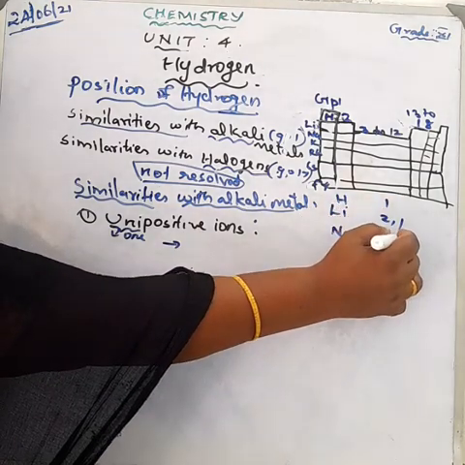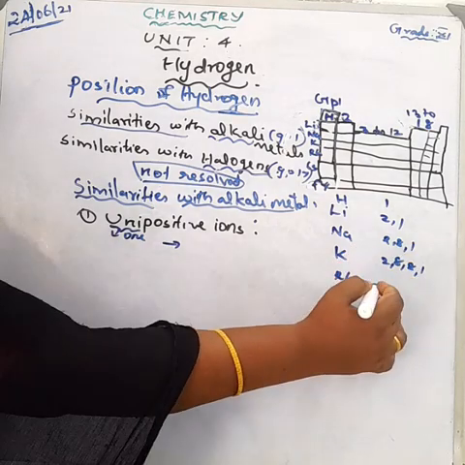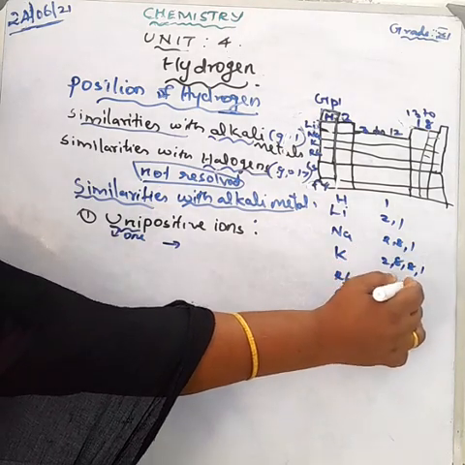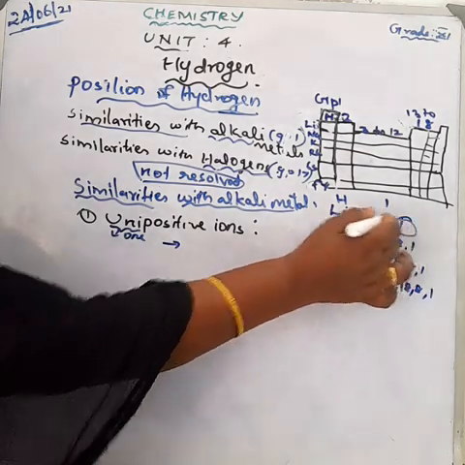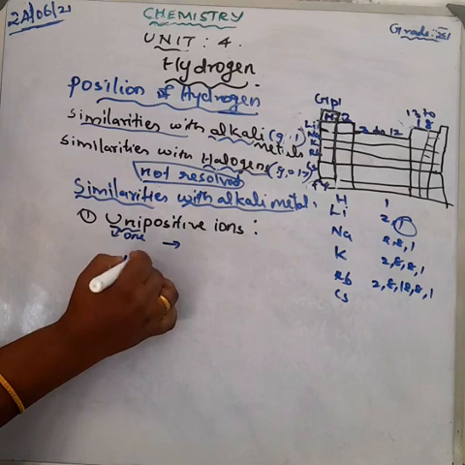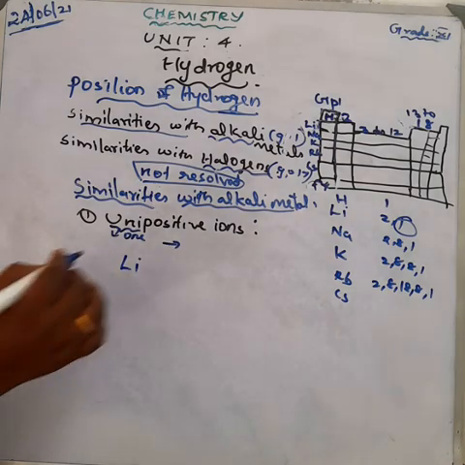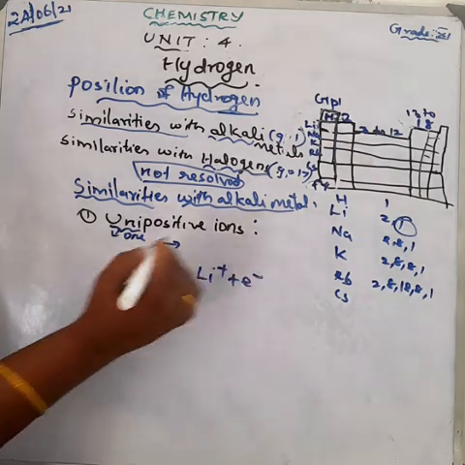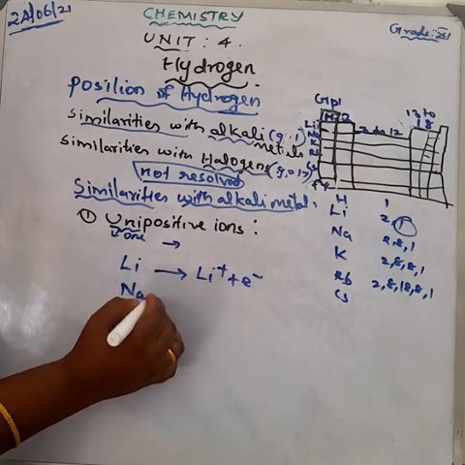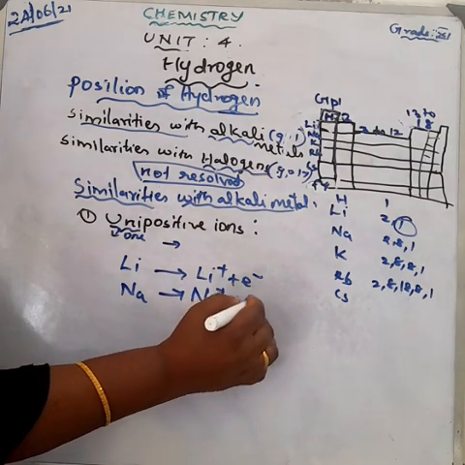When lithium loses one electron, it forms a unipositive ion. Like that, sodium has only one valence electron, so it is easy to remove this one electron to form a unipositive ion.